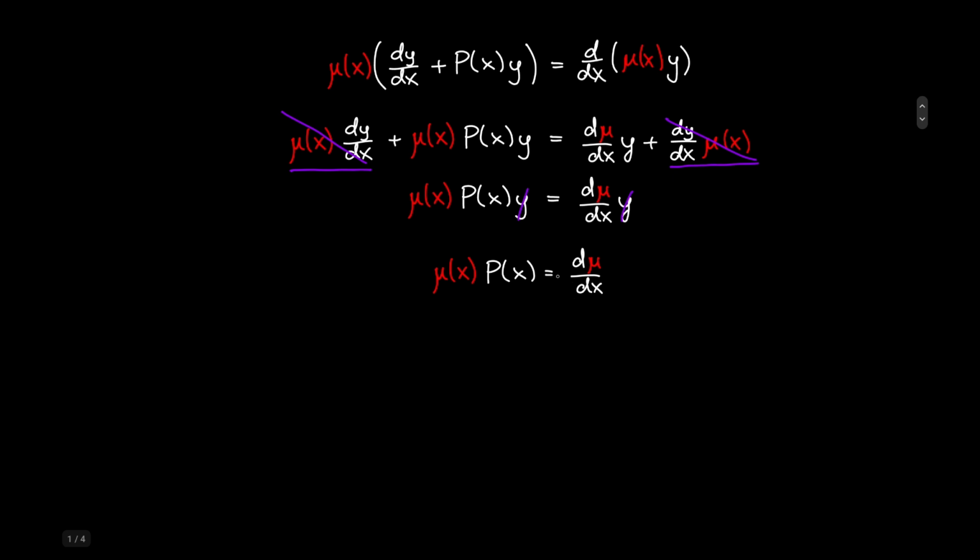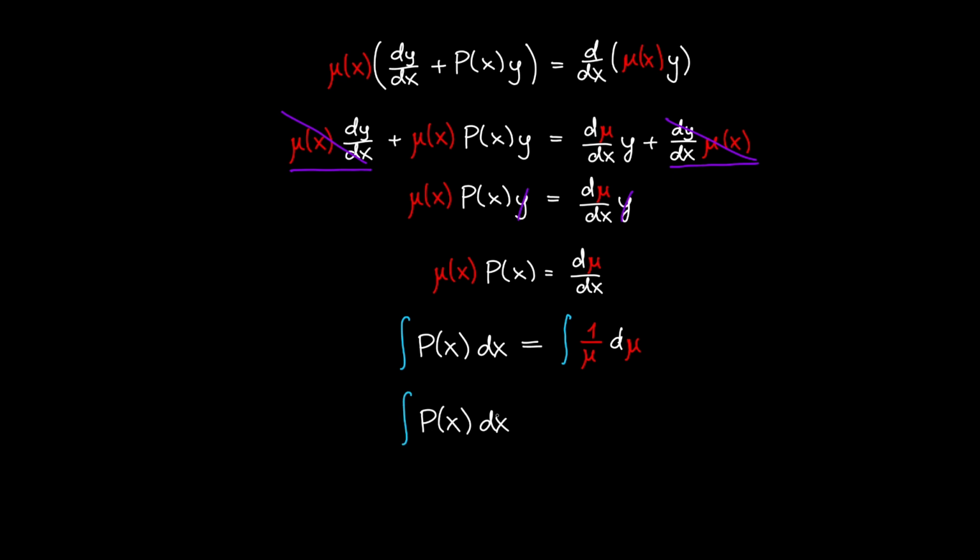This technically is a differential equation, which we can easily solve by using separation of variables. So our goal would be to move the mu's to the right-hand side and the x's on the left-hand side. And now that we have separated these variables, we can take the integral from both sides.